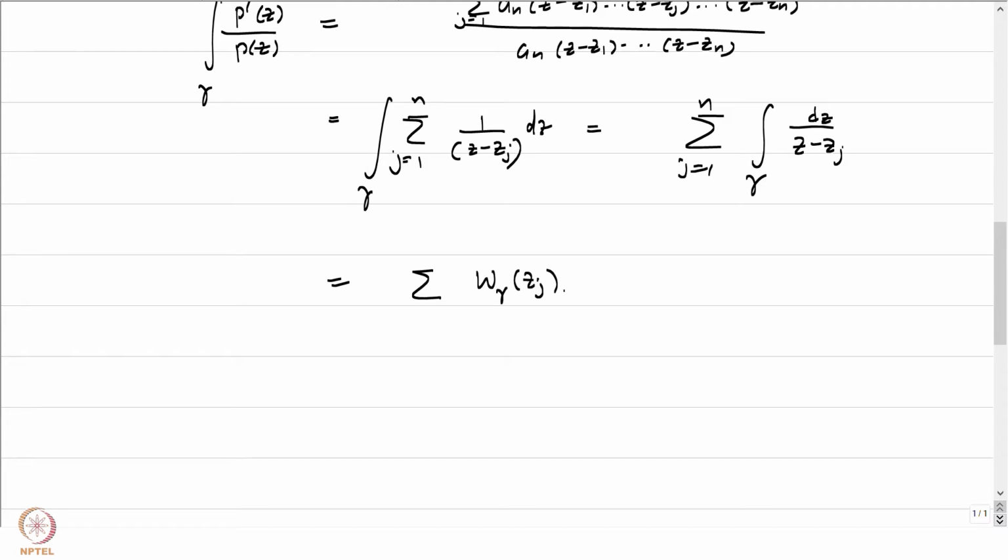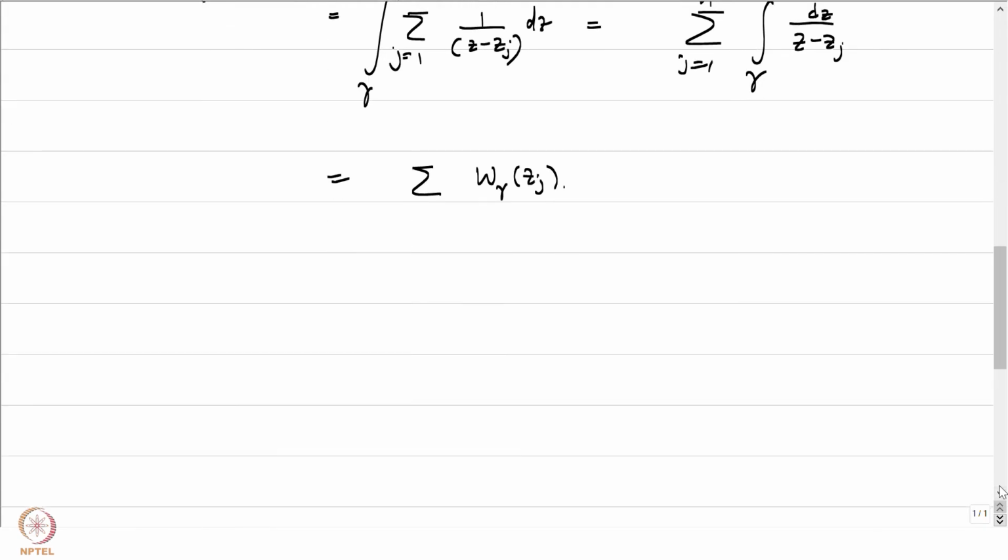Now we have assumed that all zj satisfy the condition that mod zj is less than capital R, and I leave it as an exercise for you to check that if we have a disk of radius capital R, and you take any point inside it, the winding number is going to be equal to 1.